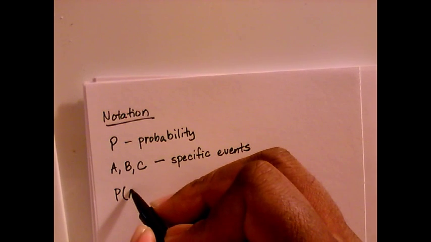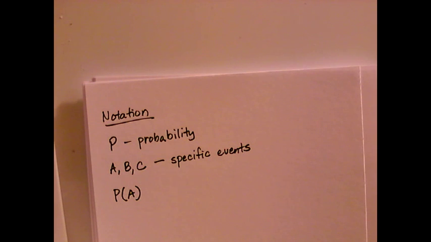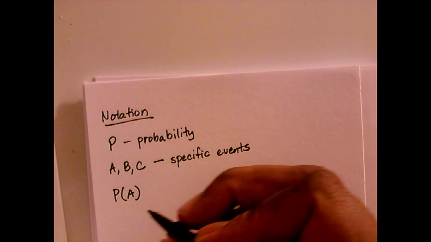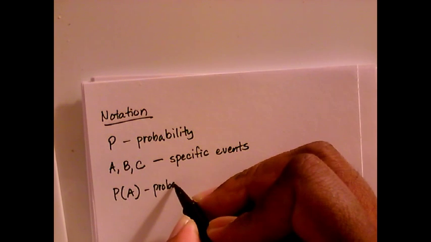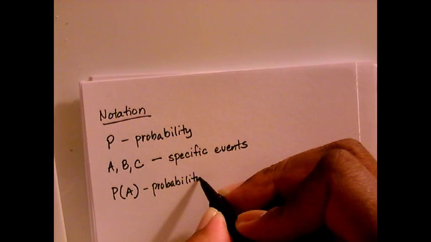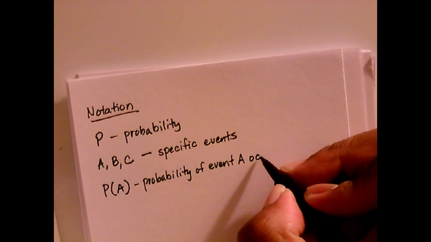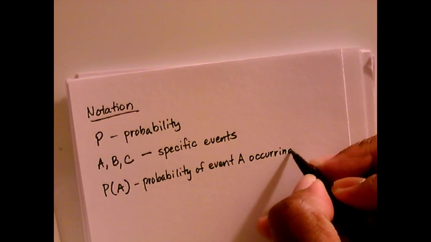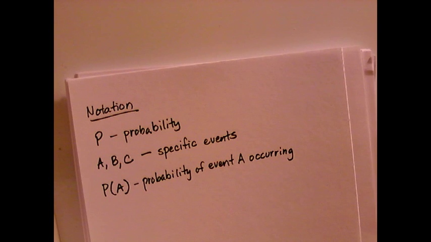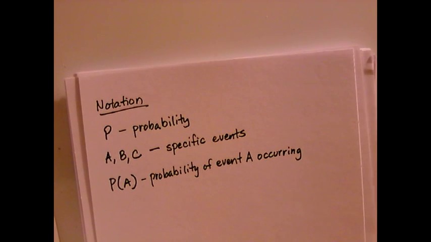And then this notation, where P with the A in the parentheses, for example, this represents the probability of event A occurring. So P with the A in the parentheses, or it could be P with a B in the parentheses or C in parentheses, whatever, that represents the probability of that specified event occurring. Okay. So that's the notation that's used in probabilities.